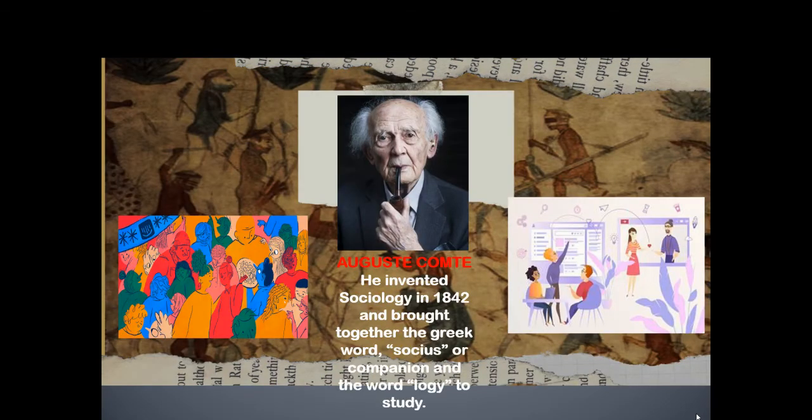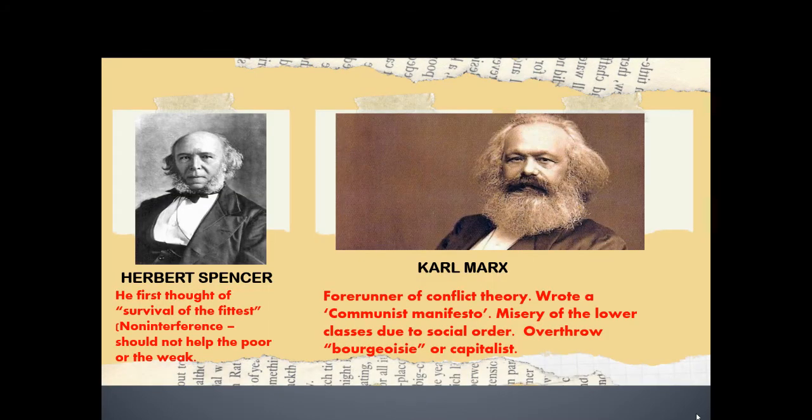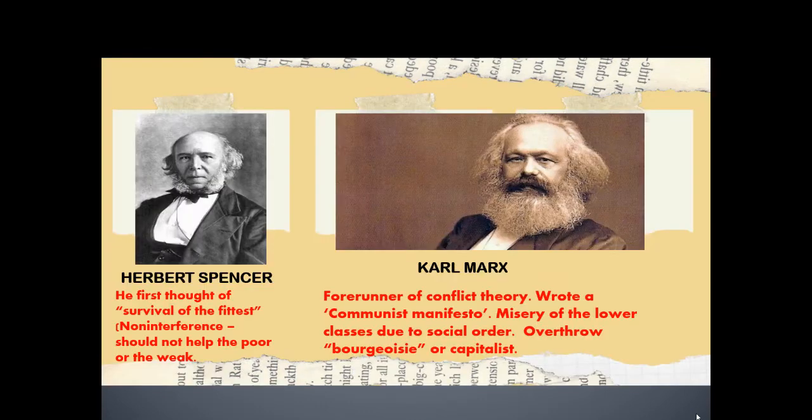That is why Auguste Comte invented sociology, or the study of society, the behavior of people in society, in 1842, and brought together the Greek word socius, which means companion, and the word logia or logos, which is the study, discourse.